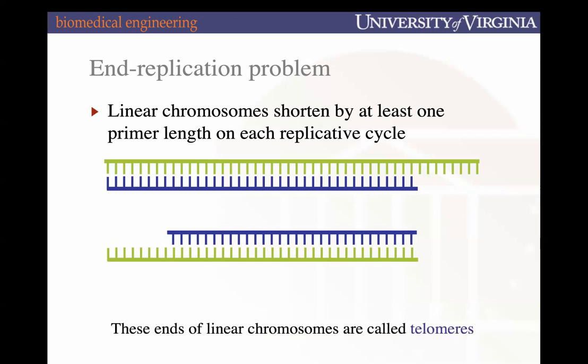There's an endogenous mechanism that helps to protect and address that end replication problem, where there are these regions of DNA on the very ends that we call telomeres. There are these repeat base pairs that ensure that we're protecting the actual regions of our chromosomes, the actual DNA sequences that have our actual encoding regions of DNA.